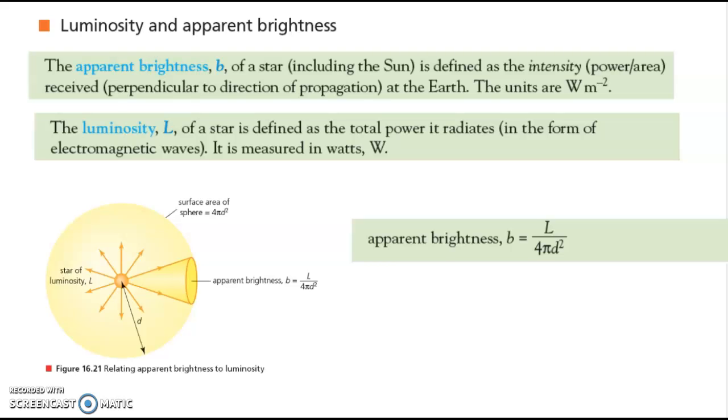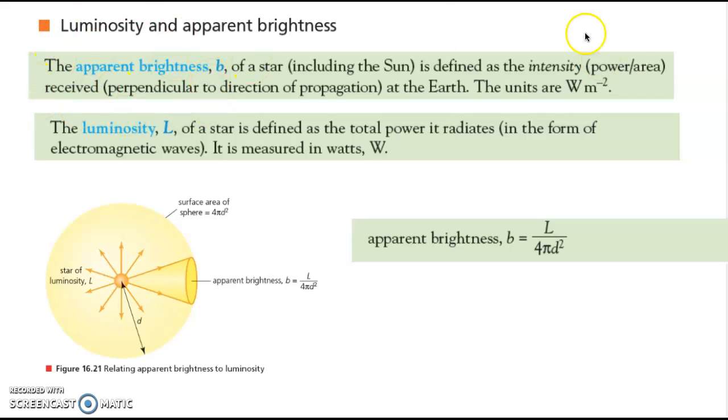Now, we're going to use a slightly different quantity to make it specific to astrophysics. In astrophysics, intensity is referred to as apparent brightness, but pretty much it's the same thing. If you are sitting on the Earth looking at a star with a telescope, you would measure its intensity, the power over unit area, and call it apparent brightness.